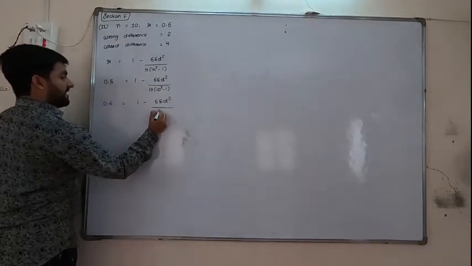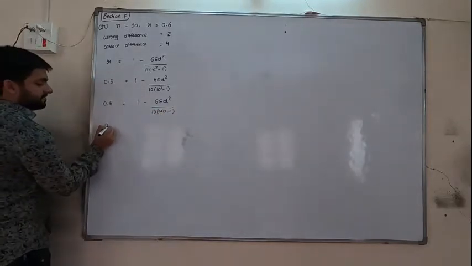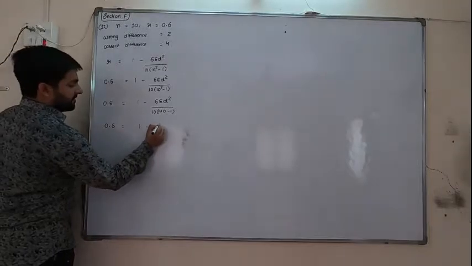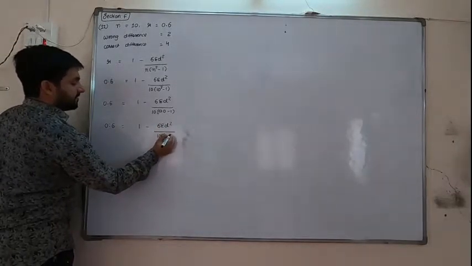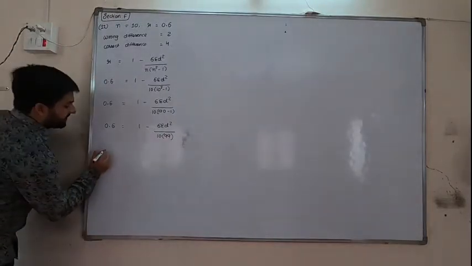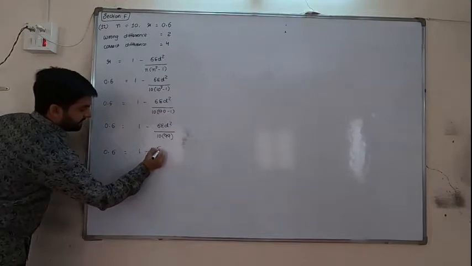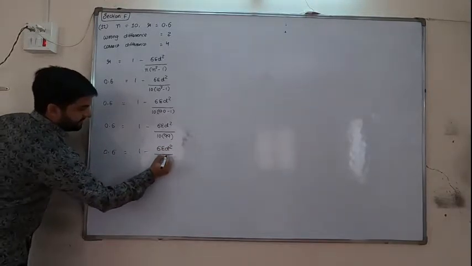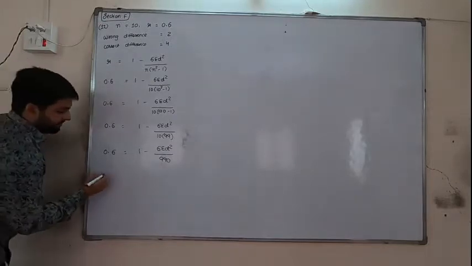In the denominator, 10 in bracket 100 minus 1, that is 10 into 99. So 0.6 is equal to 1 minus 6 sigma d square divided by 990. Take this whole term here.